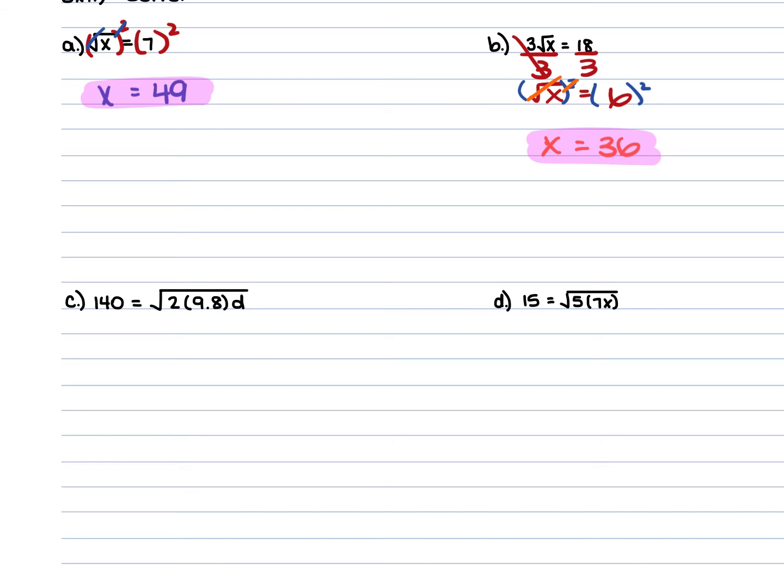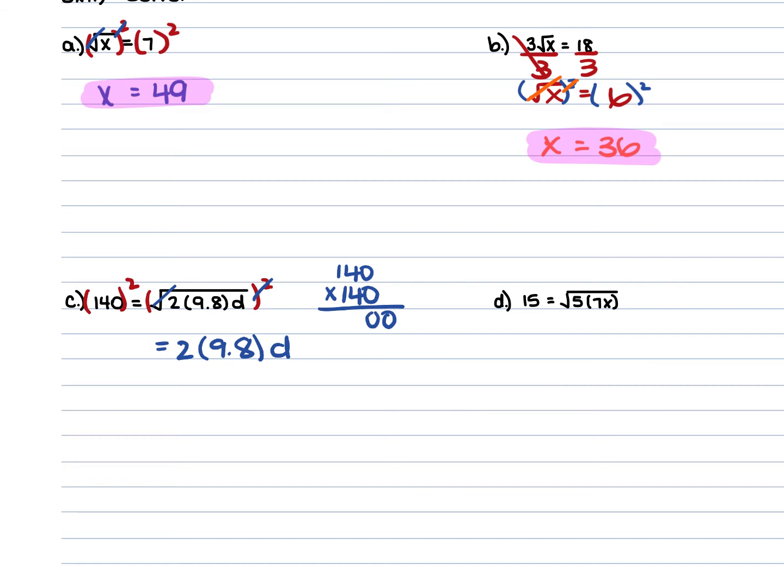You do not need to do anything underneath that radical right now if you don't want to. You can just take both sides and square them. It would get rid of the radical and the power on that right side. So you just have 2 times 9.8 times d is equal to 140 squared. If you do 140 times 140, it's going to give you your answer here.